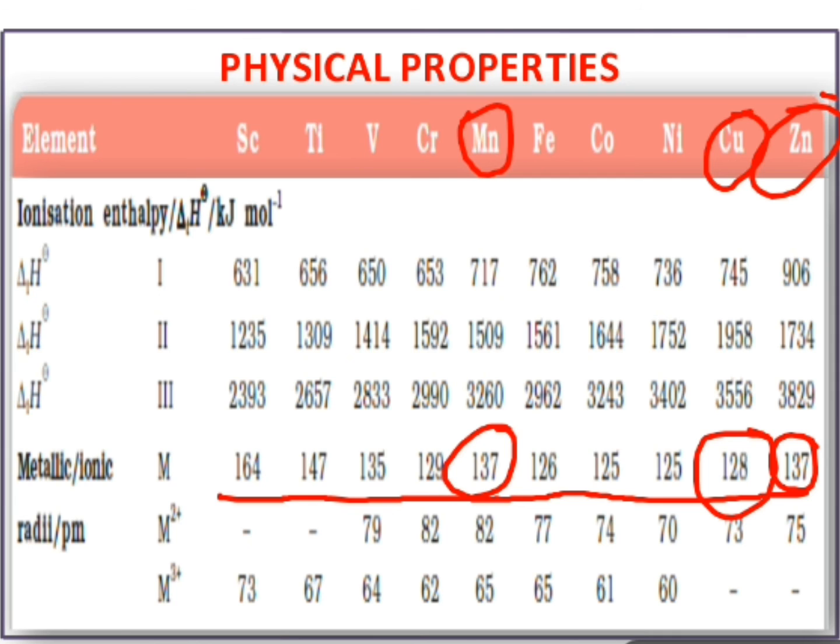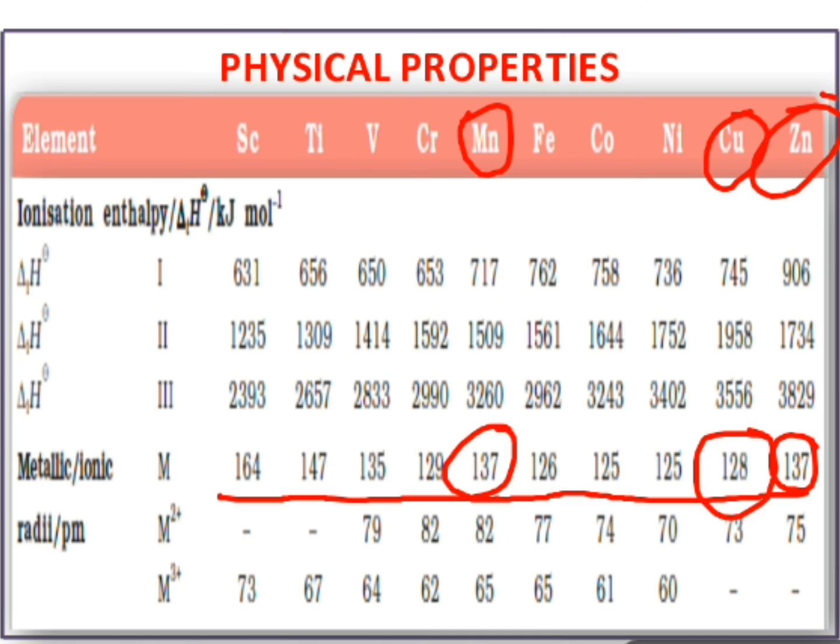Now see what is the variation. As you remove one electron, the attraction between nucleus and outermost electrons increases by 1.